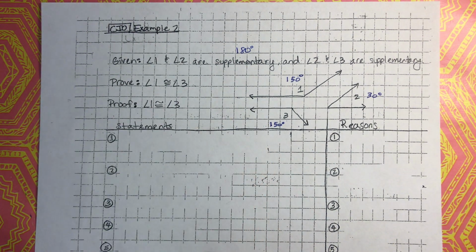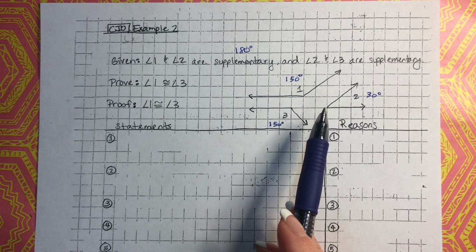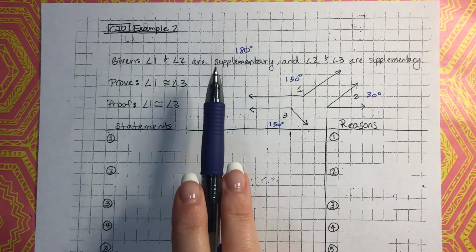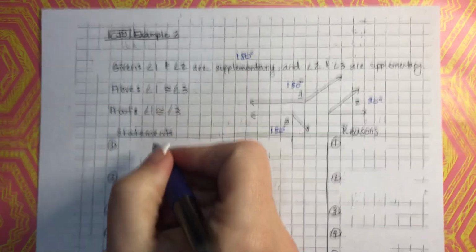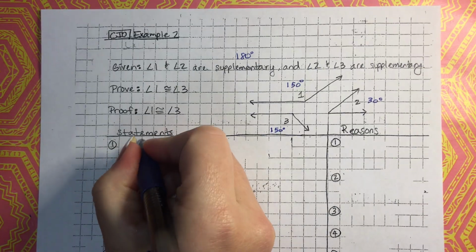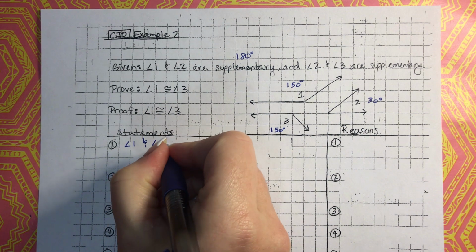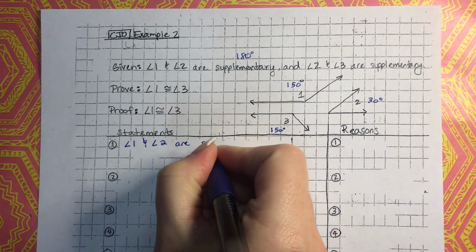Angle 1 and angle 3 are the same, okay? So we can see that that's true, but we have to actually prove it and justify it. But at least I know that this is actually true, okay? So the first thing I like to do is go ahead and write down that given information. So angle 1 and angle 2 are supplementary.